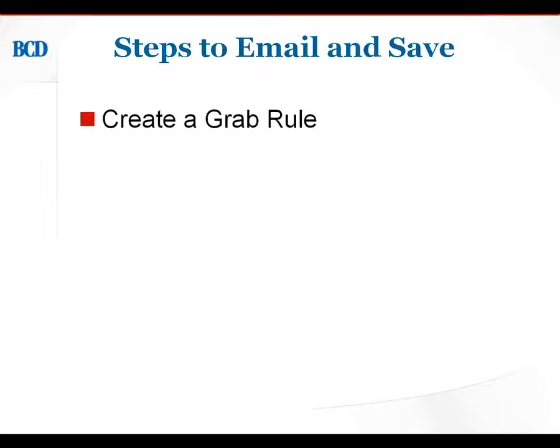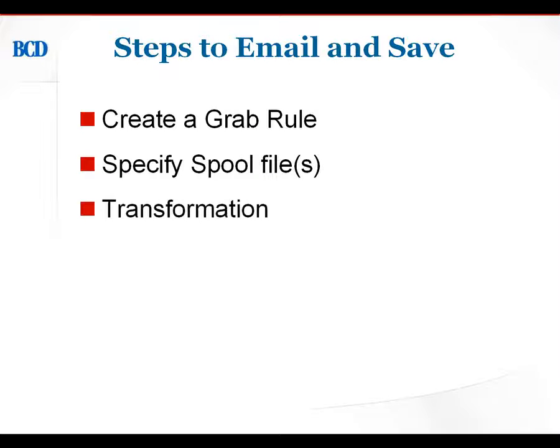A grab rule is a structure you create within Catapult that tells Catapult how to process a spool file. So you'll tell Catapult to download a specific spool file by specifying the spool file's attributes. Tell it what to transform the spool file into. In this case, we're going to transform it to a PDF and then distribute it. So we're going to email it and archive it.